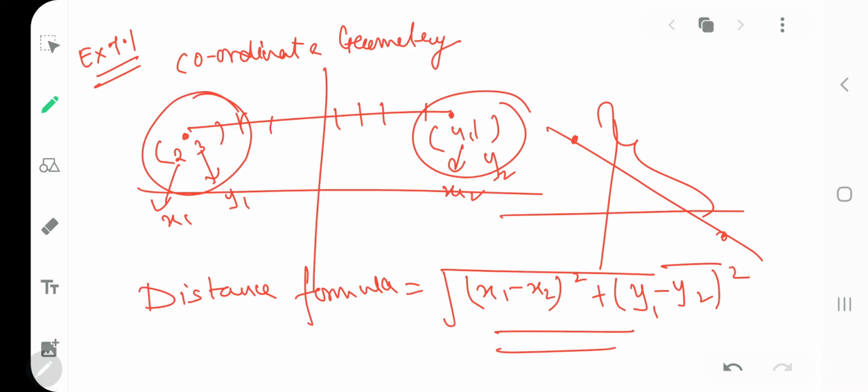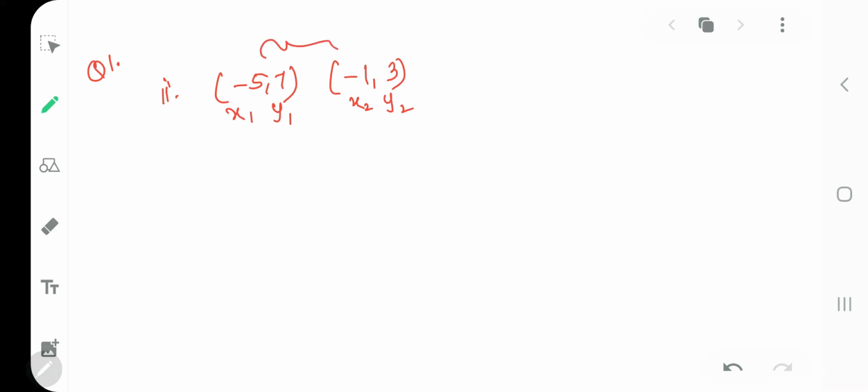Shall we start? Yes. So we will do question number 1. In that we have problem number 2, which says the points are minus 5, 7 and minus 1, 3. Put in these points. This is your x1, y1, x2, y2, and you have to find the distance between them.